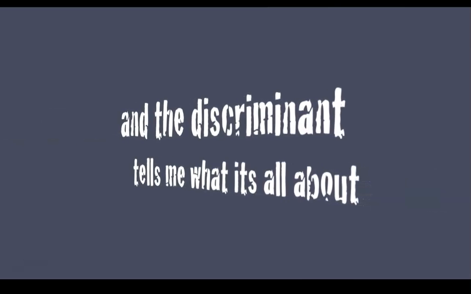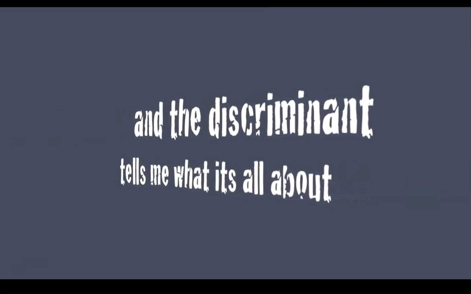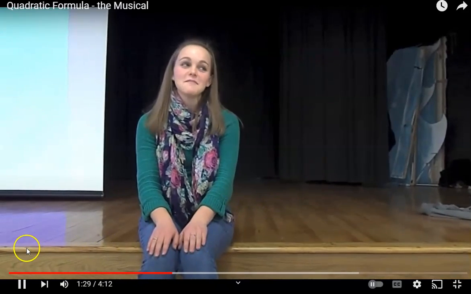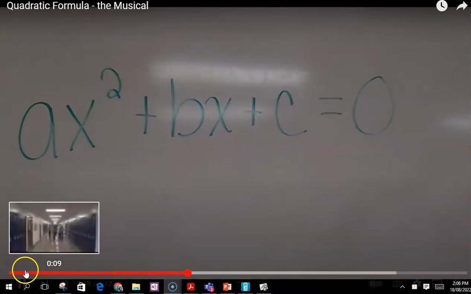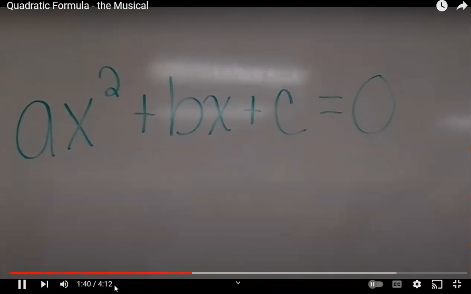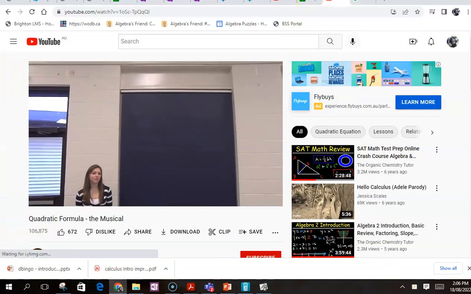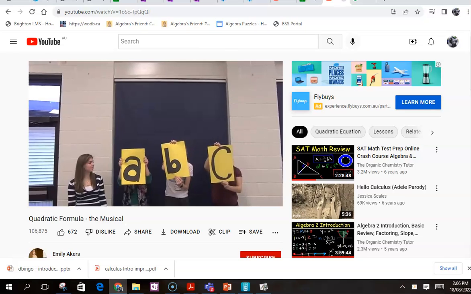And the discriminant has been all about B squared minus 4AC. Standard form, that's what it must be. I have to get my numbers now, from A, B, and C.